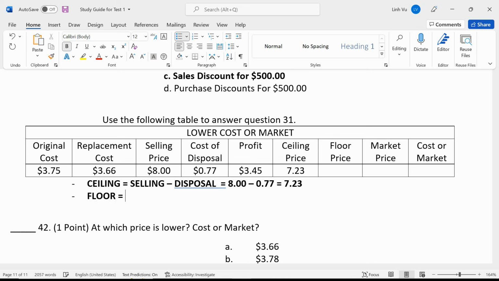You take the ceiling price minus profit, which is $7.23 minus $3.45. Okay, gives me a grand total of $3.78.